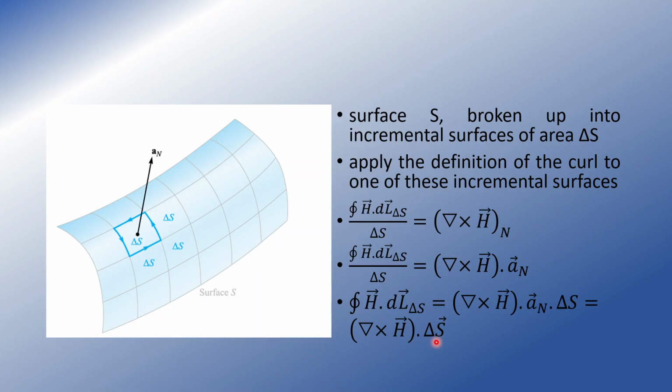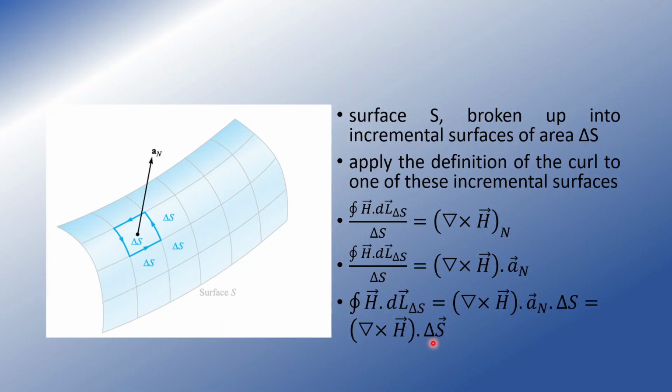Okay, so far whatever we have is by taking only one incremental surface area. The line integral H dot dl, with suffix delta S, says that the perimeter of this square, this area, if you do the line integral and dot it with H, it is nothing but the dot product of the curl of H here and the incremental surface area delta S.